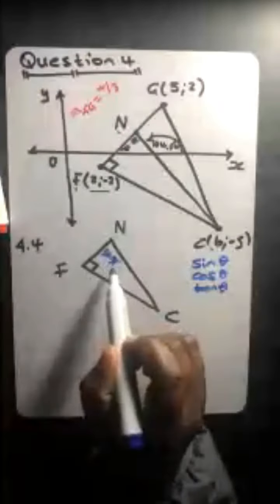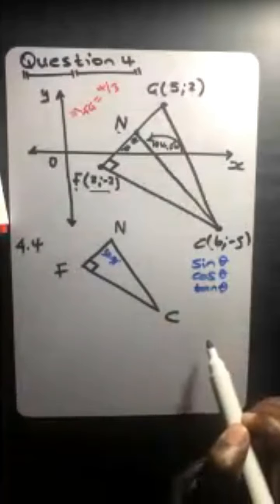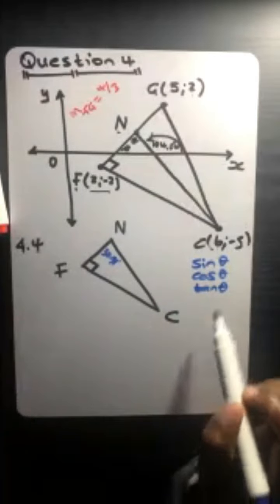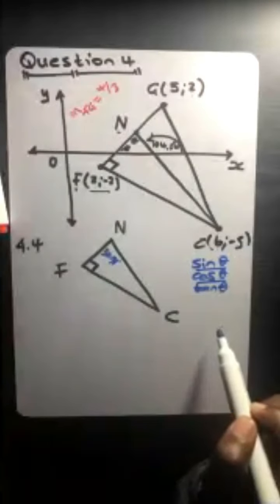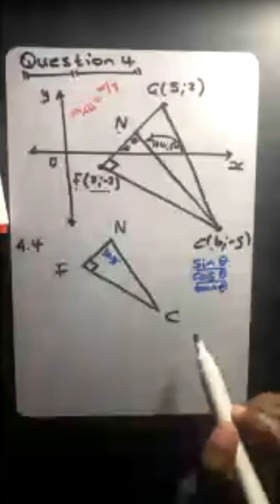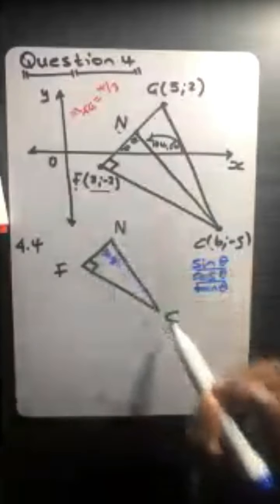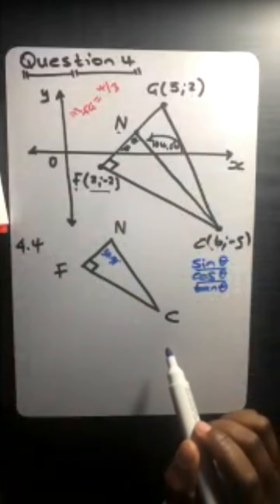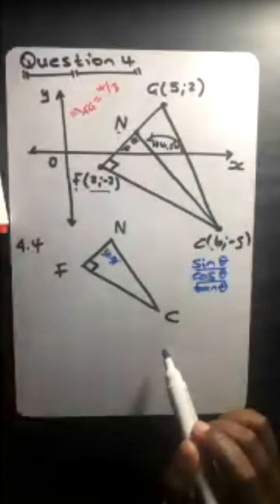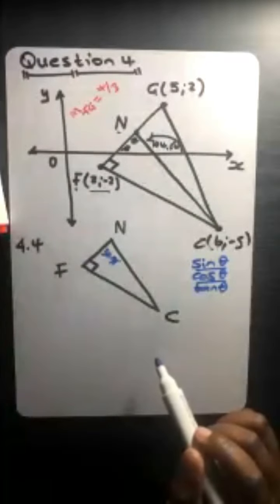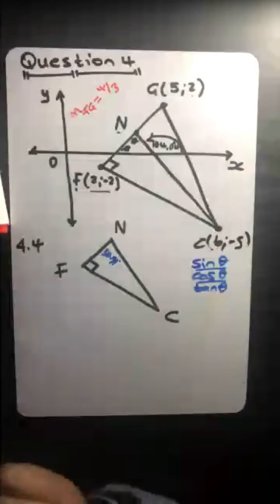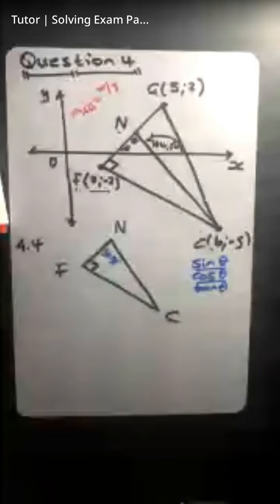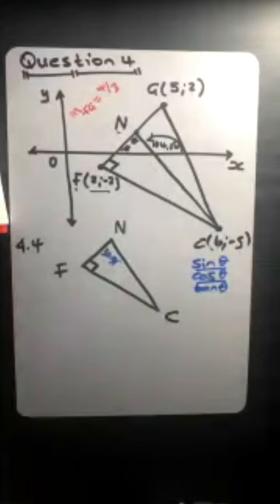Because we've got the angle and we have sides, let's try to formulate. But the question is, which trig ratio is going to be suitable for us to determine the length of NC? But firstly, which one is adjacent, which one is opposite, which one is hypotenuse? Can someone assist us?